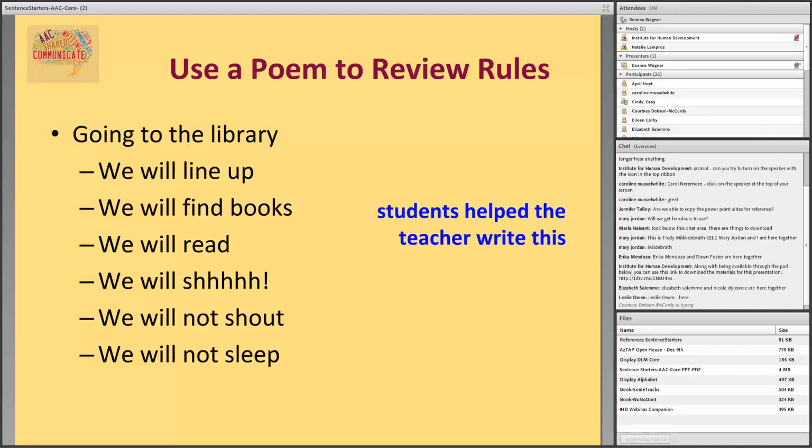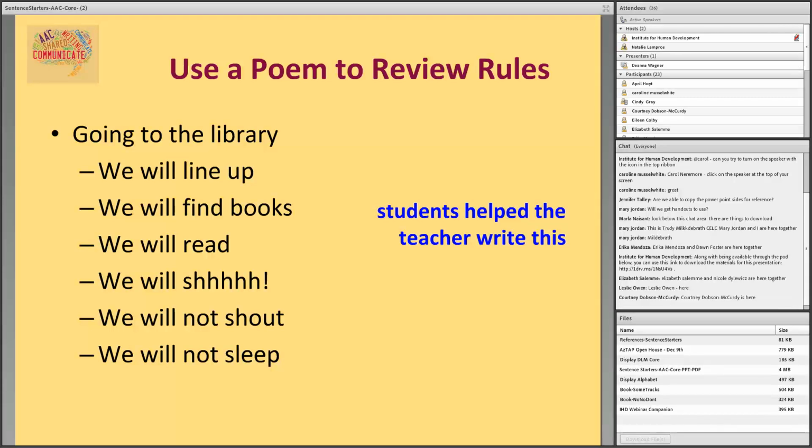Each line was developed as a shared writing experience where the students and the teacher were talking through what we needed to include in our rules about going to the library. We will line up, we will find books, we will read, we will shh, we will not shout, and we will not sleep.